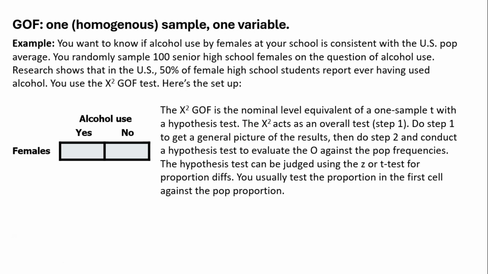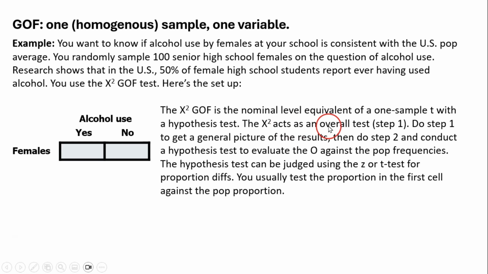Because if you remember in the one sample t-test, you're looking to see if the mean on a continuous numerical variable, if the mean of your sample is the same or potentially statistically different from a population mean. And so in this case, since we have frequency data, instead of using a t-test, we have to use a chi-square, and we would use a chi-square goodness of fit.